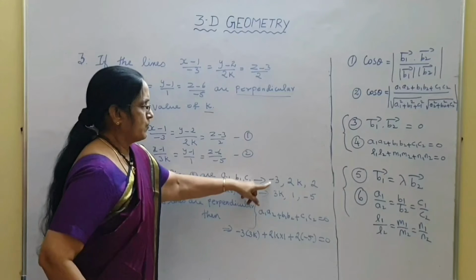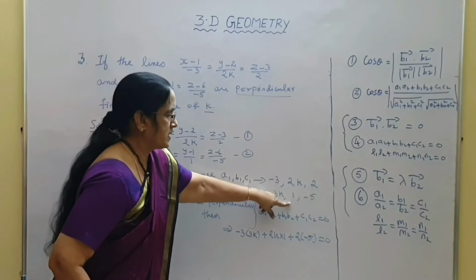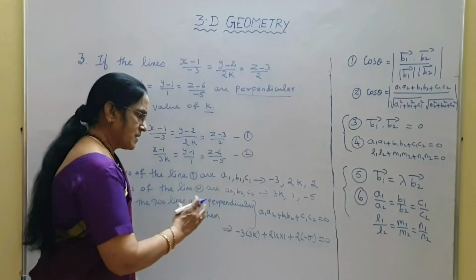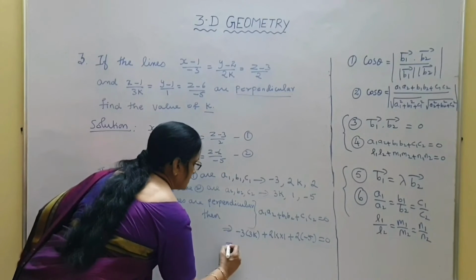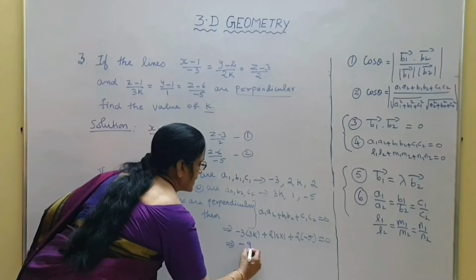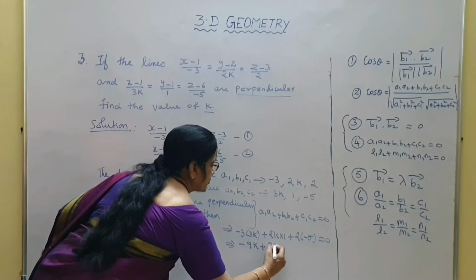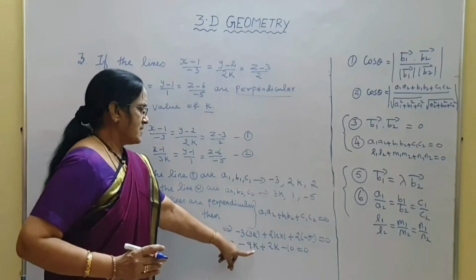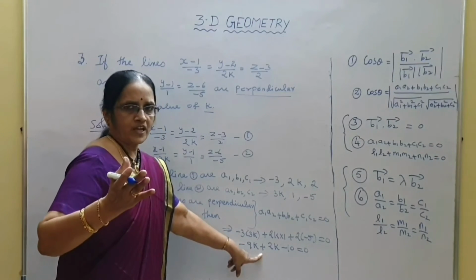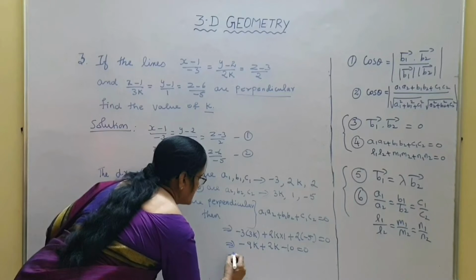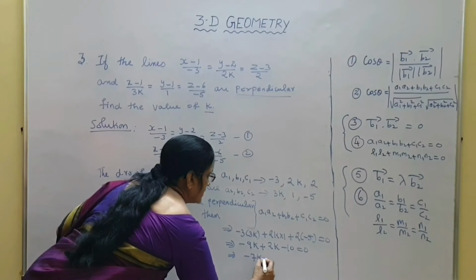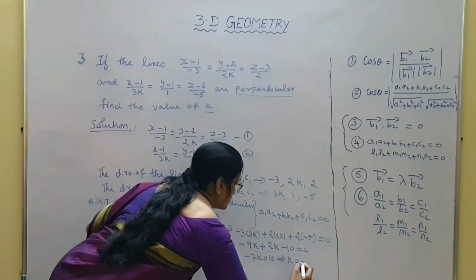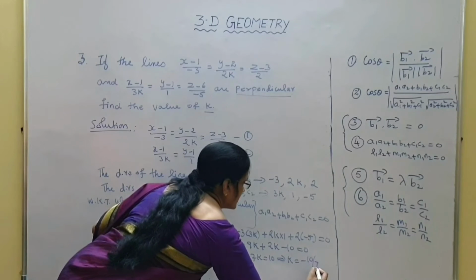When I simplify, this is nothing but −9k + 2k − 10 = 0. That is −7k = 10, which will give me k = −10/7.